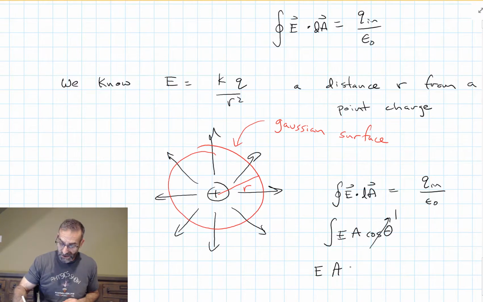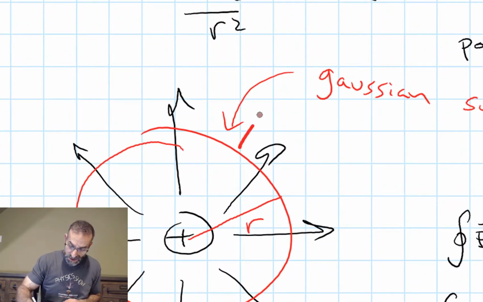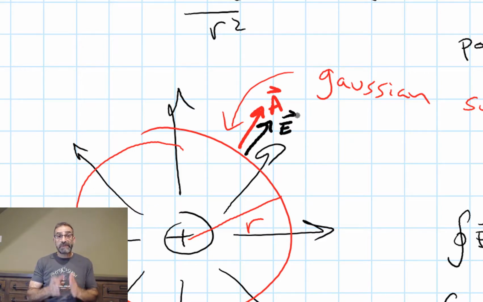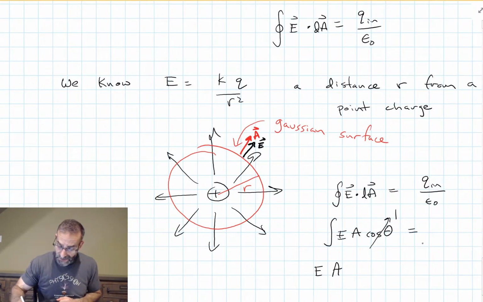The cosine of 0 degrees is 1 because the area vector points outward and the electric field vector points outward. We have a 0 degree angle when we put the tails of those two vectors together. So this just becomes E times A on the left side of our equation.